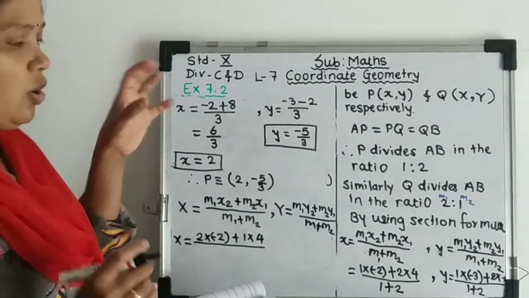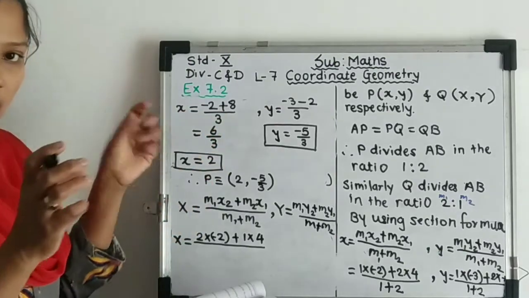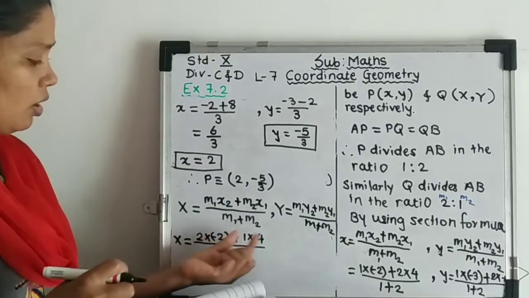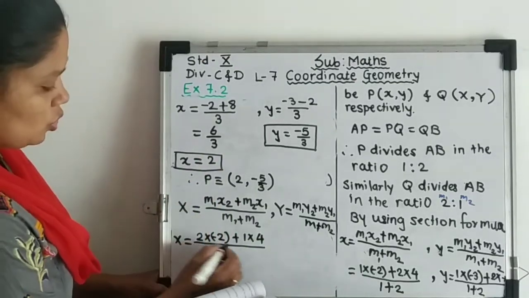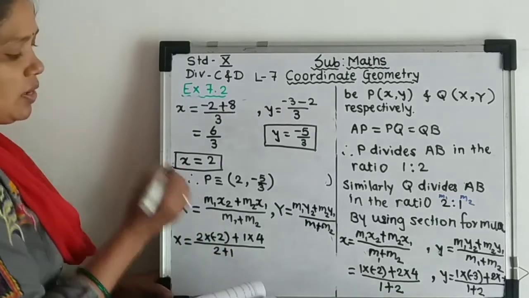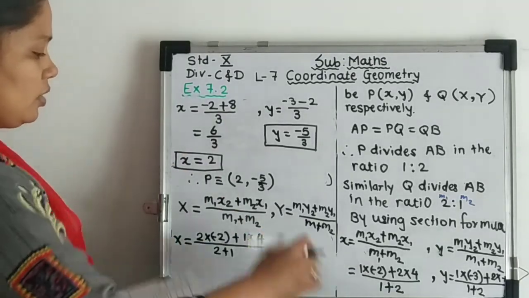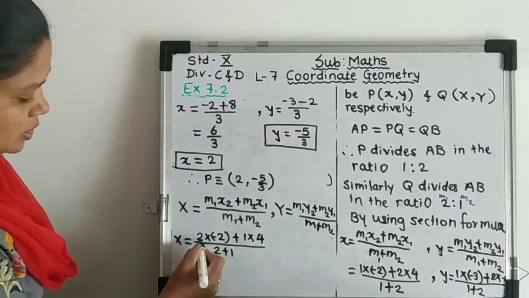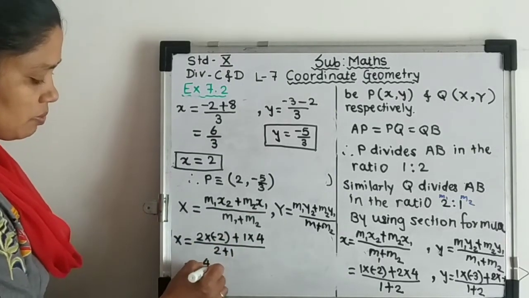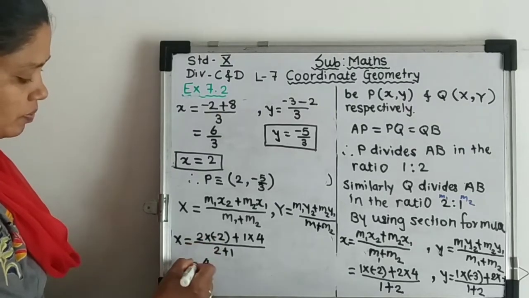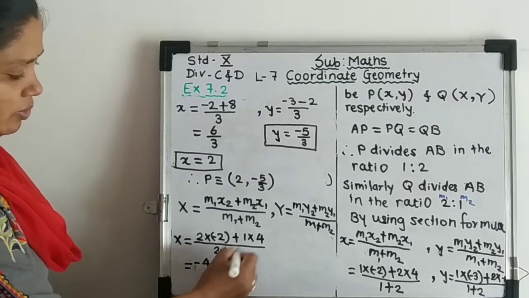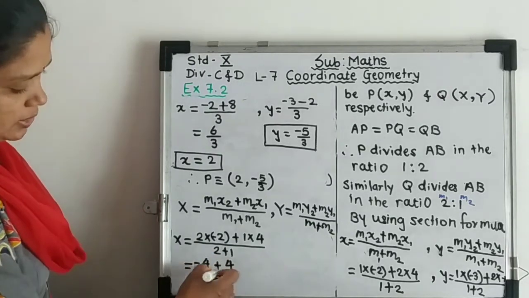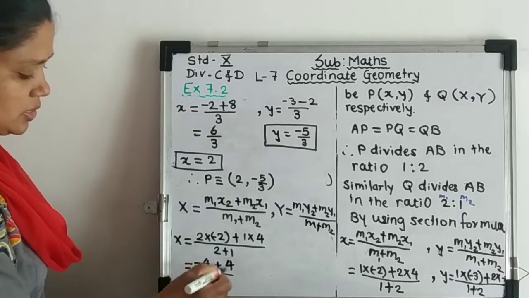upon, A and B which we labelled, A is what? X1 Y1 and B is X2 Y2, so we have to take their coordinates accordingly here. So 2 is to 1, so 2 plus 1 we will do. Similarly, we will do for Y, but first let us finish with the X. 2 into minus 2 is minus 4 plus 4 into 1 is plus 4 upon 2 plus 1 is 3.